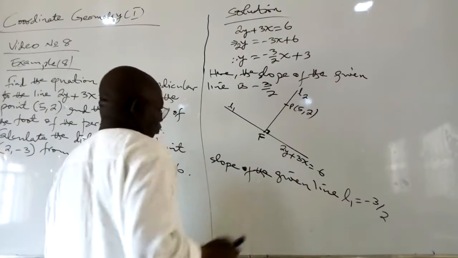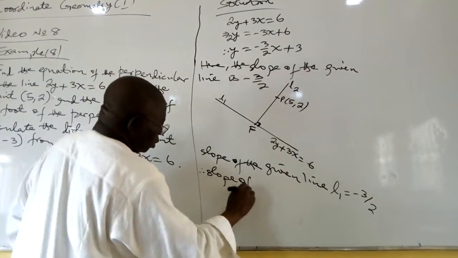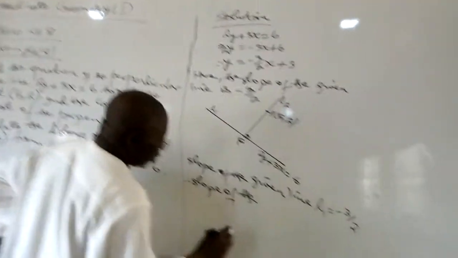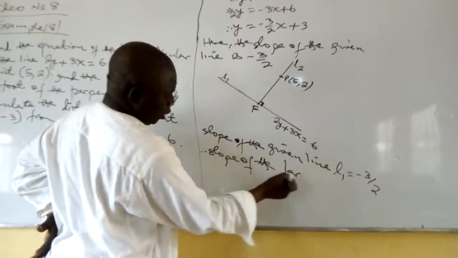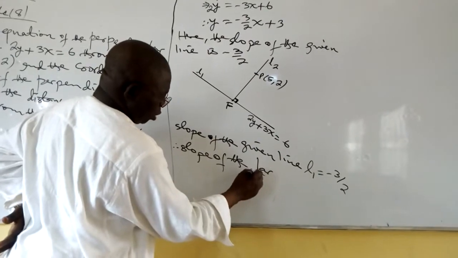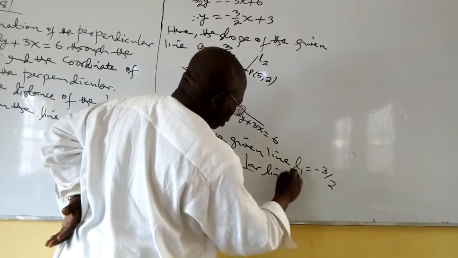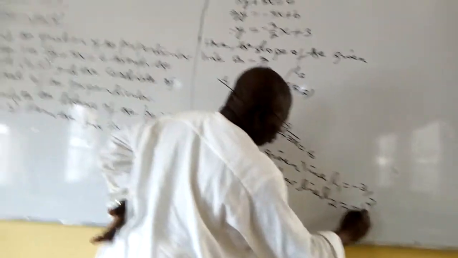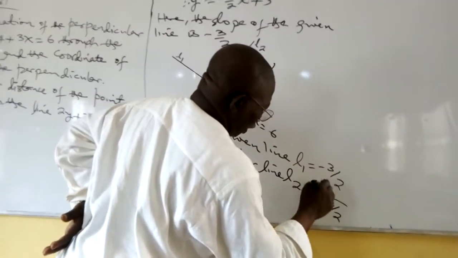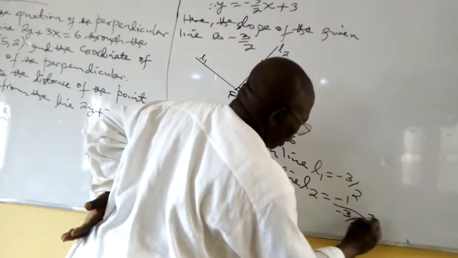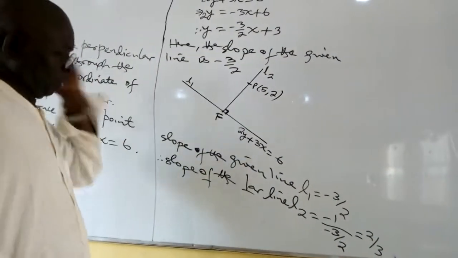Therefore, the slope of the perpendicular line L2 will be minus 1 over the slope of the other line, which is minus 3 over 2. Minus will cancel minus, these two move up, and that will be 2/3. So the slope of the perpendicular line L2 is 2/3.